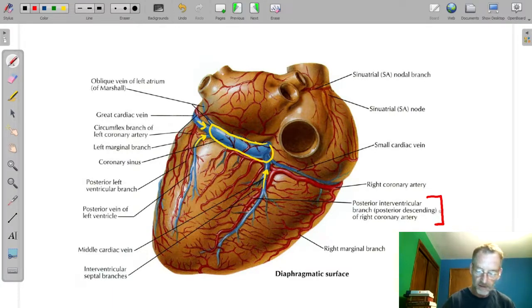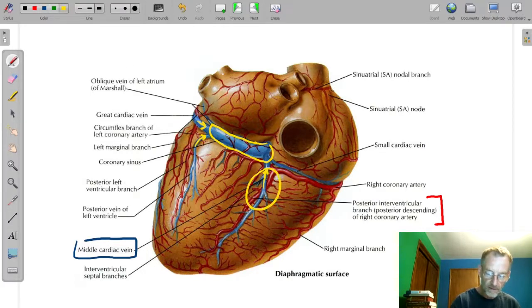And we should have a great cardiac vein, or middle, excuse me, on the other side. But they are paired. Okay, that's probably enough. Again, you should be able to recognize and identify these different blood vessels, just for sort of basic anatomy.